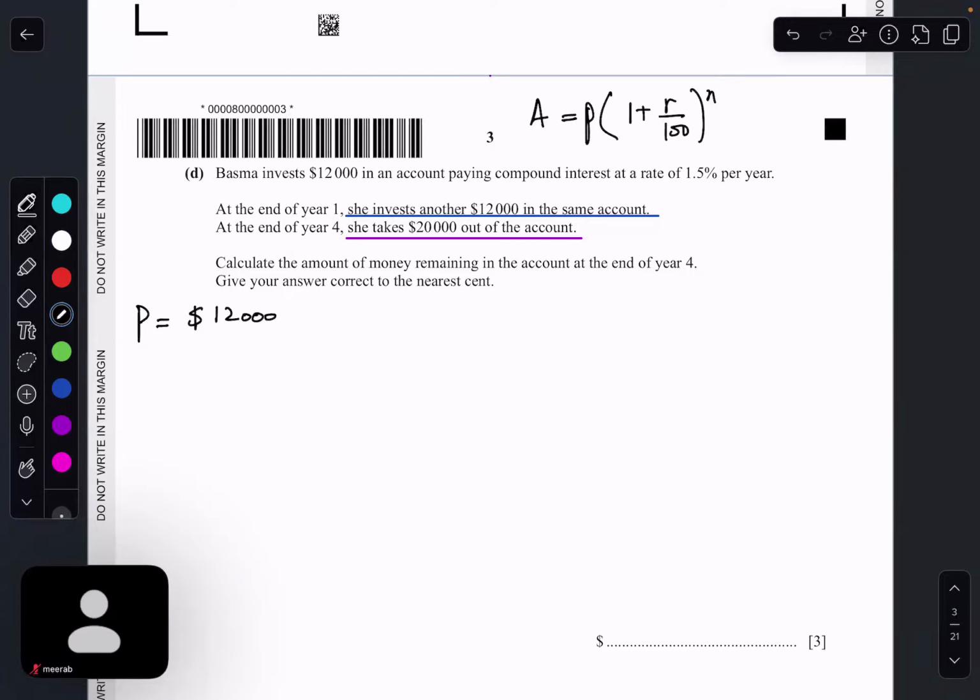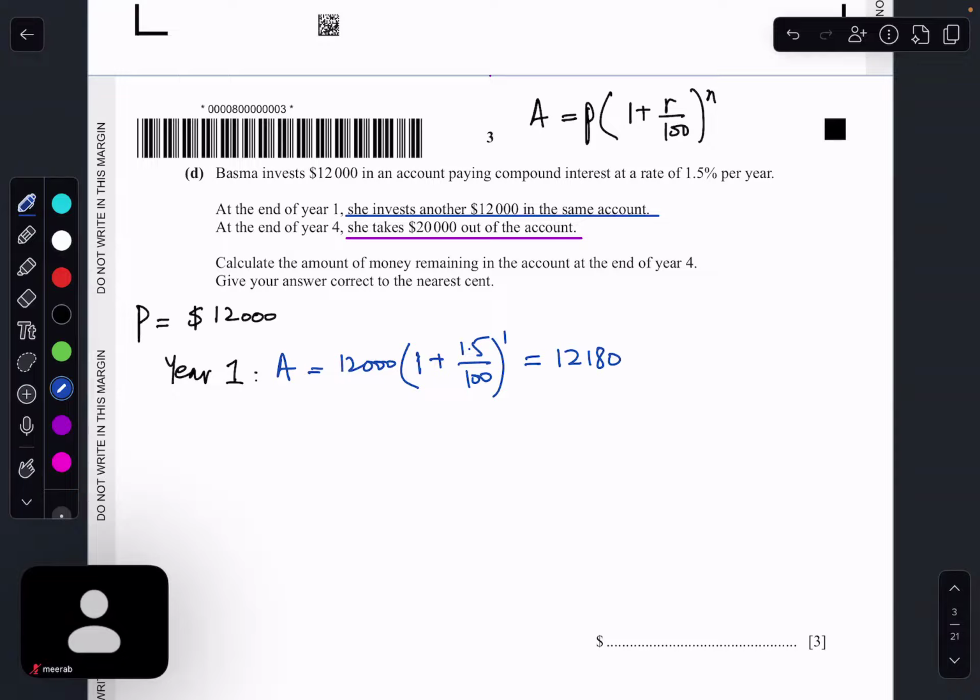So for year 1, it will be A is equal to 12,000 times 1 plus 1.5 over 100 whole power 1, and that we are getting 12180. Okay, this is the amount at the end of year 1.